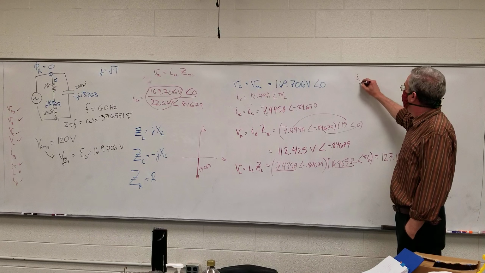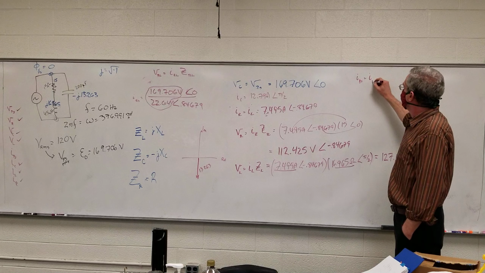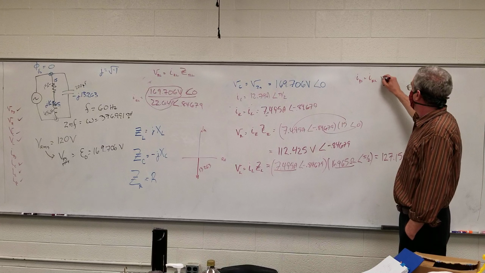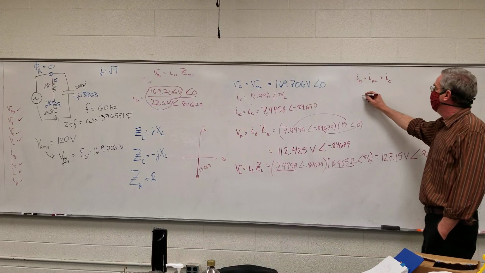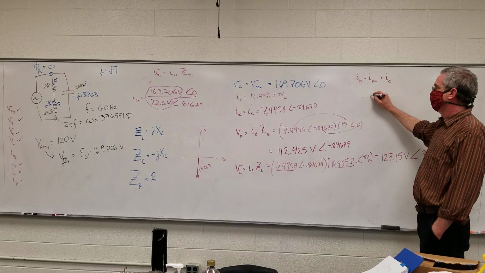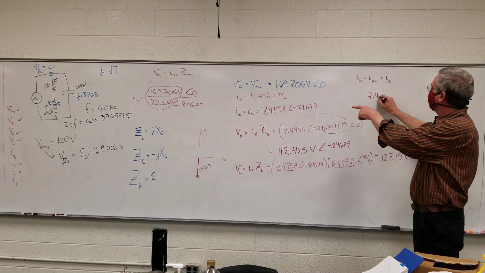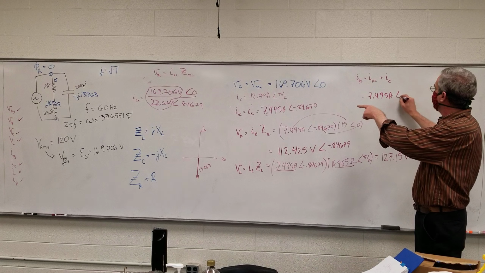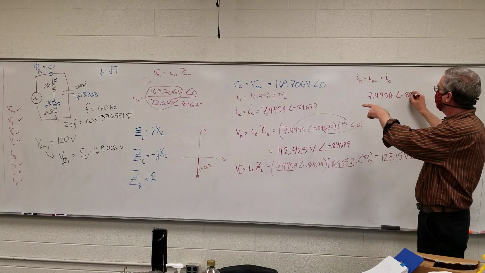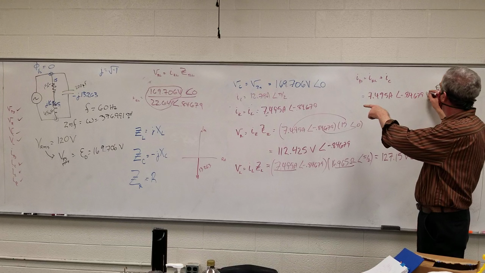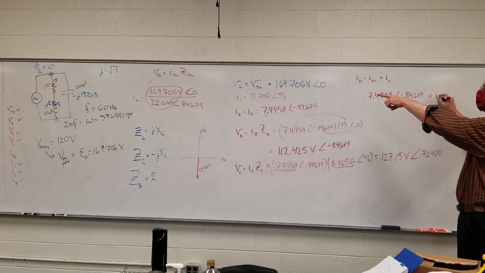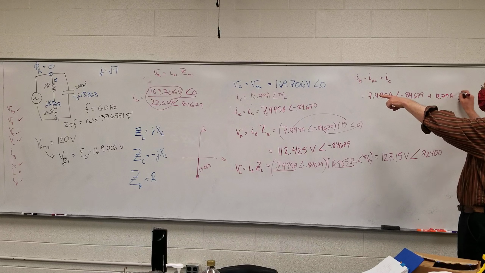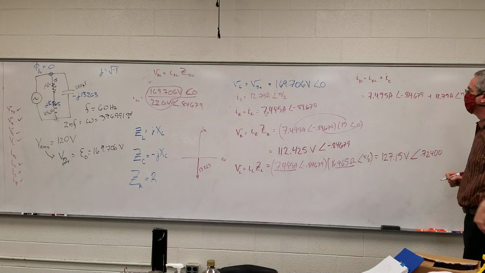So the current from the power supply is the current going down that middle path plus the current going down the right side. So we're adding 7.495 amperes at an angle of negative 0.84679 plus the capacitor, which is 12.79 amperes at an angle of pi over 2.